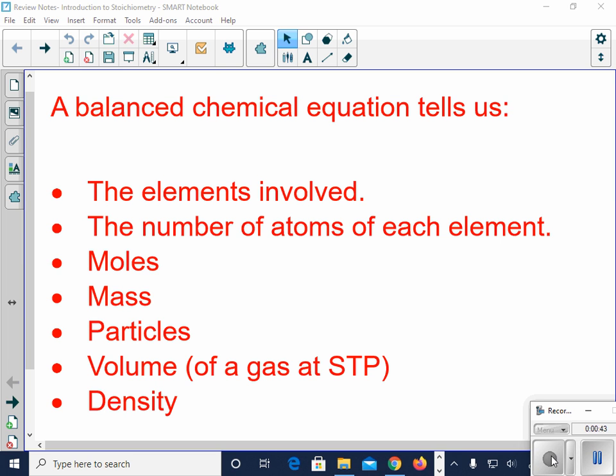It can tell us the mass, the moles, the particles, the volume, the density. Remember all the flux capacitor stuff that we can learn from a balanced chemical equation. So that moles, mass, representative particles, volume, density, all of that stuff is dealing with the flux capacitor.